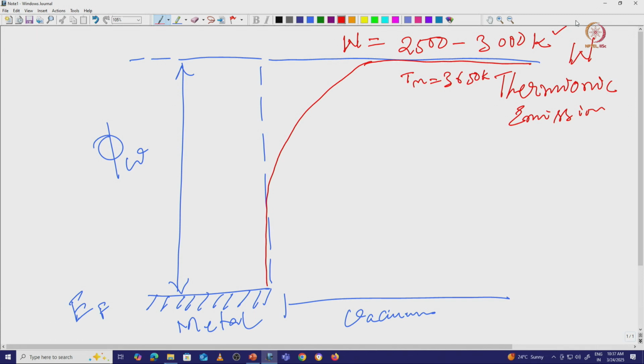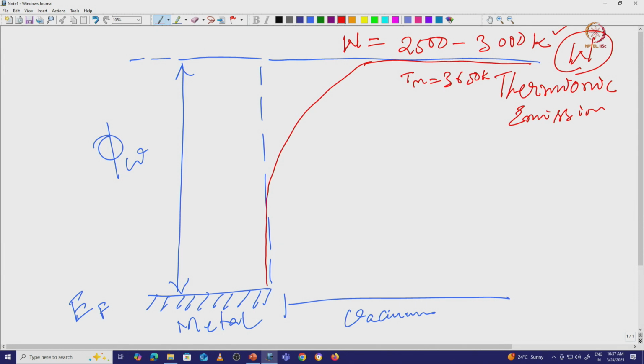That is one of the major drawbacks of the tungsten filament or thermionic emission, because you need huge heat energy to overcome the work function of the metal and extract the electron so it can travel through the column. That is why the tungsten filament is damaged very quickly.